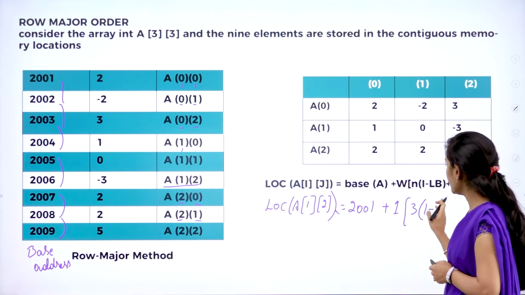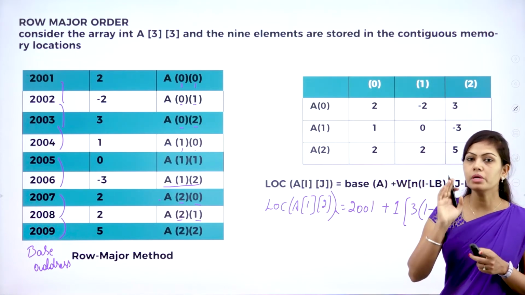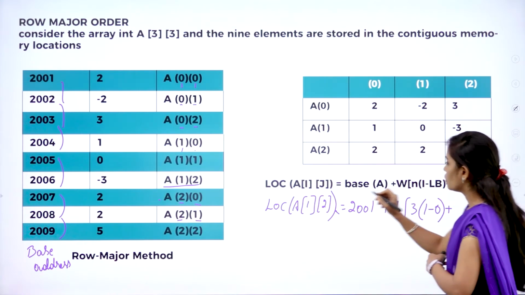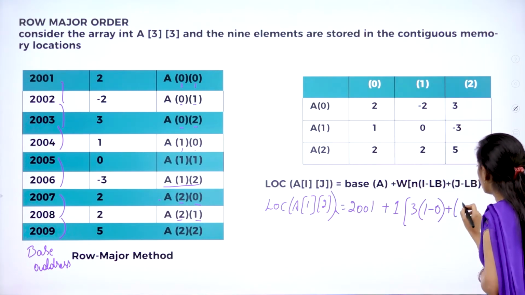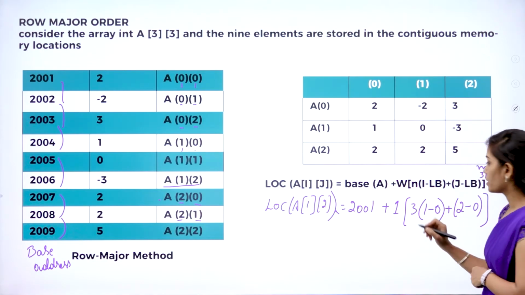What do you mean by LB? LB means lower bound. Lower bound starts from 0. So LB value is 0, plus the value of J, 2 minus 0. LB value is 0.